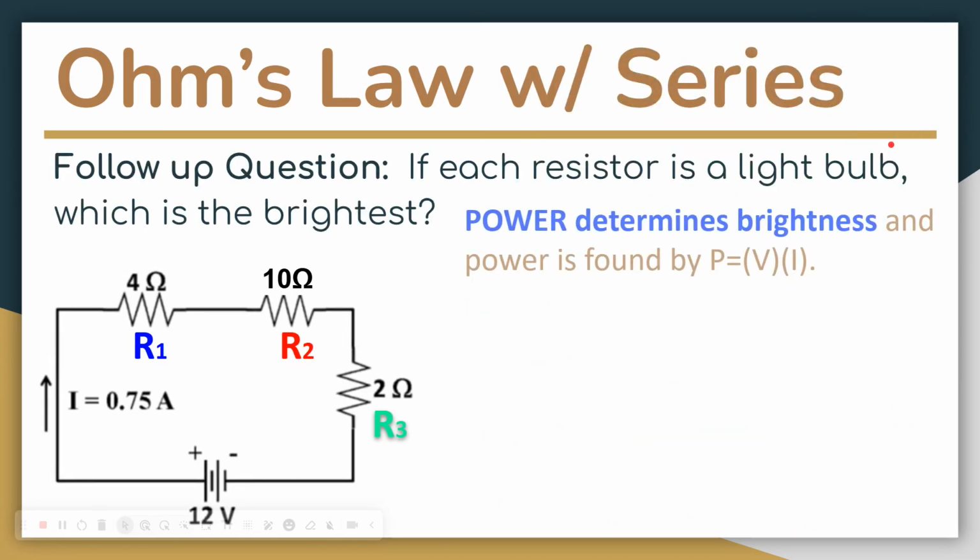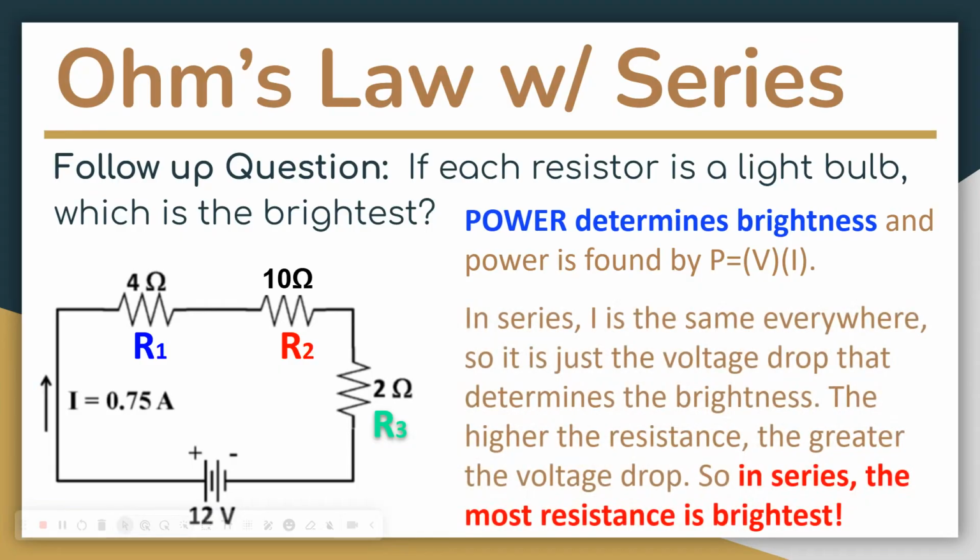Okay, but the other thing you can do is in series, since power is voltage times current, and in series current's the same everywhere, you can just relate it directly to the voltage drop. Okay, if you hadn't calculated power yet. And you're going to have the biggest change in energy when you have the most resistance. So if you look at a series circuit and you find the one with the most resistance, 10 ohms, that one will be brightest.